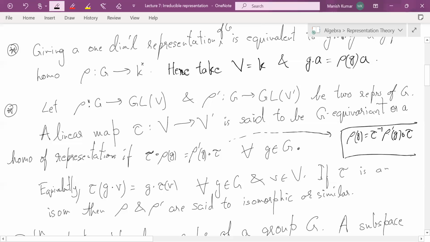So the same tau works for all G. Okay, so that's what two isomorphic representations are. They are basically the same representation. You've just given it a different name. If you identify V and V prime via this map tau, then rho changes by conjugation by some non-singular matrix. Any questions?